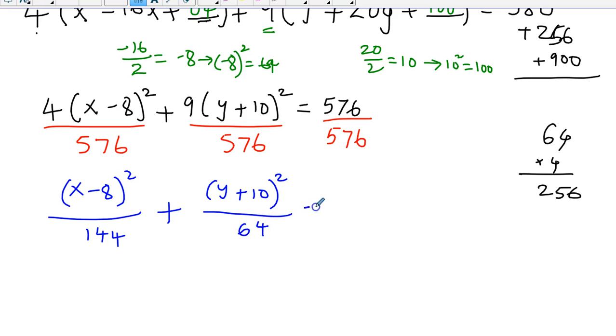And on the right hand side, 576 over 576 is 1.